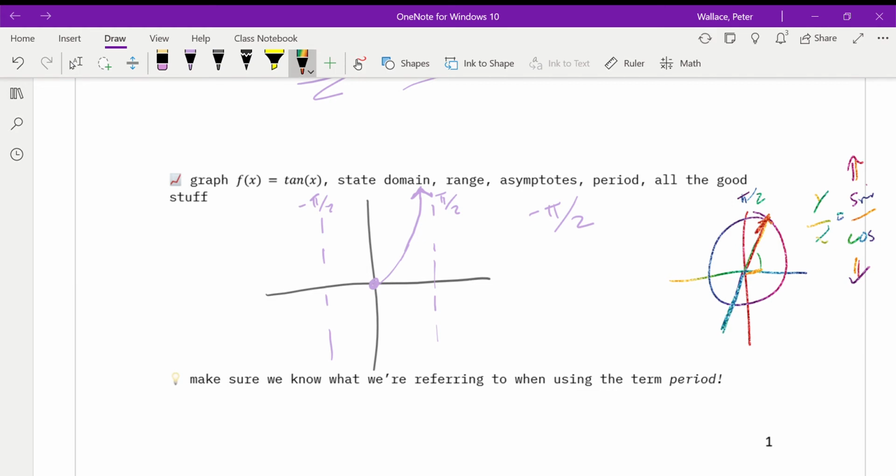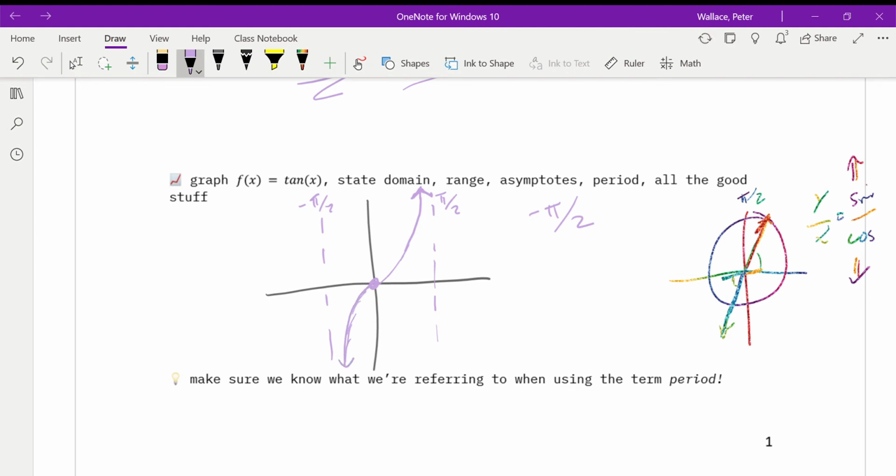We have a y value that's getting really big, just getting big in the negative direction, and a cosine that's getting really small in the negative direction. So in that regard, we're going to have something like this. So kind of just mirrored over that axis.